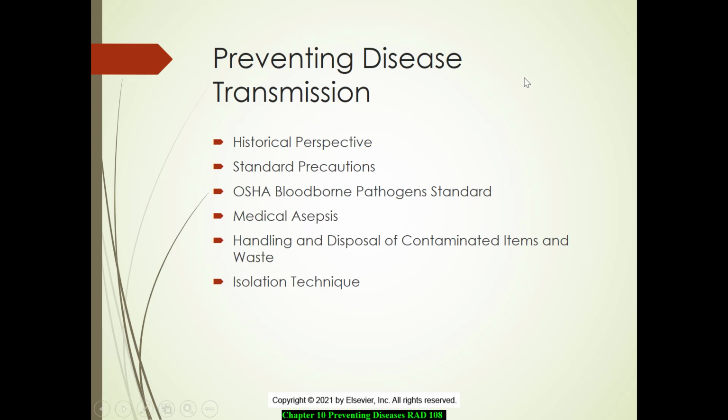All right, let's take a little bit of a look at preventing disease transmission. We've always had to be aware. So, a historical perspective: infectious diseases have been pretty rampant for as long as we can remember and document. The United States Public Health Service was a legal authority that would quarantine individuals in the past that had disease processes such as TB, smallpox, yellow fever.